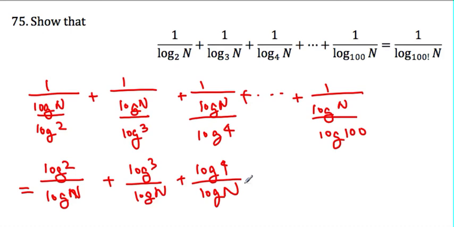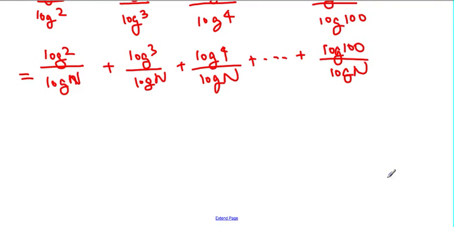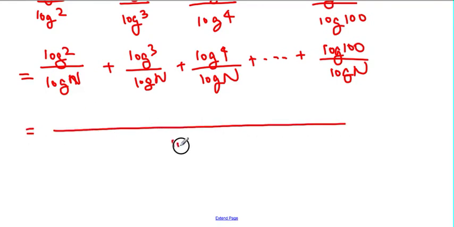This pattern continues just like earlier, up to log of 100 over log of n. Since all of them have a common denominator, we can rewrite this as log of n in the denominator. Whenever you add logs, what do you do with the arguments?